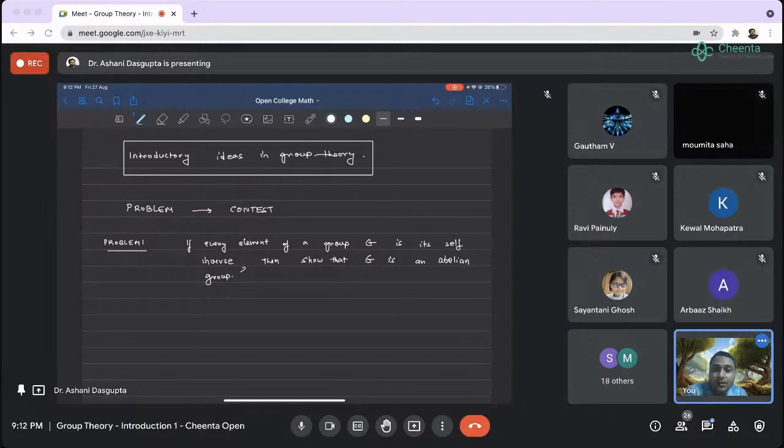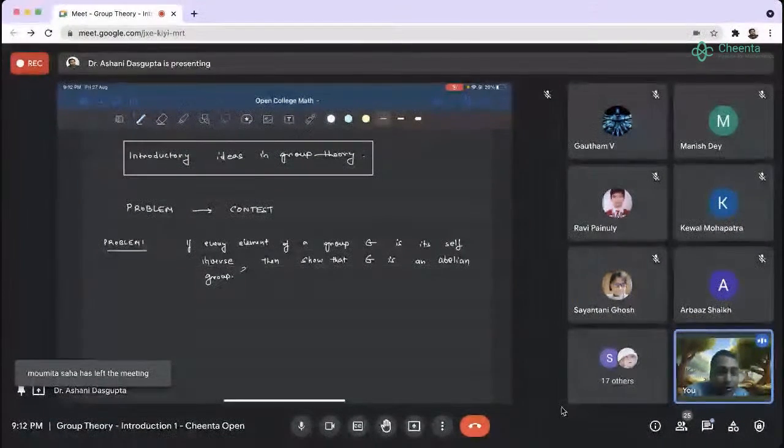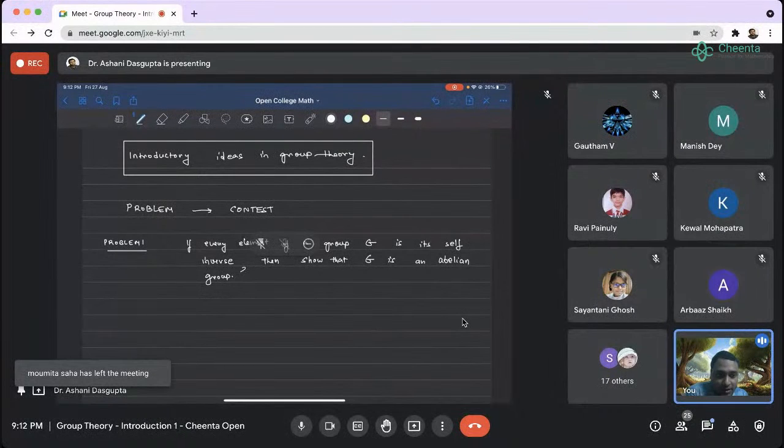If you do not know anything about group theory, don't worry. Let me explain a couple of words, and if you know something about group theory, go ahead and try to prove this.